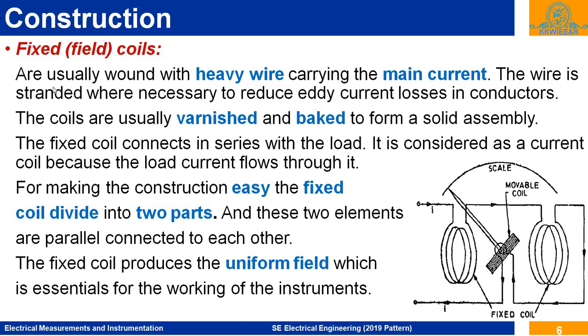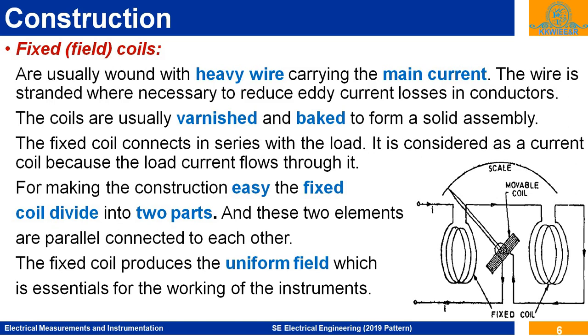This field coil is connected in series to carry the load current. To carry that amount of load current, a heavy conductor is used, based on the rating for which we are going to use this wattmeter.